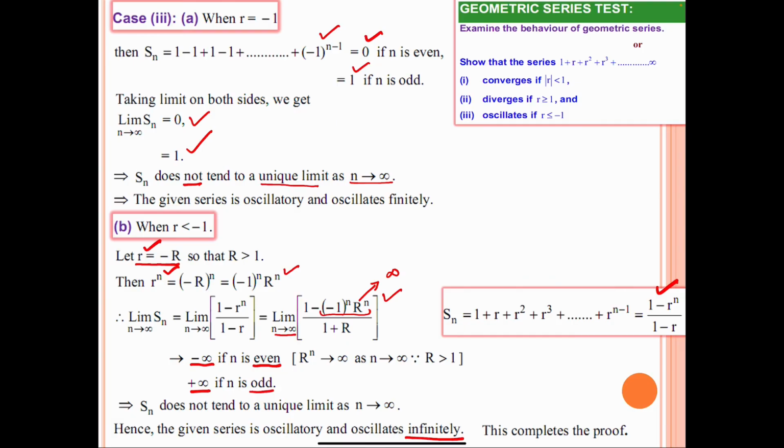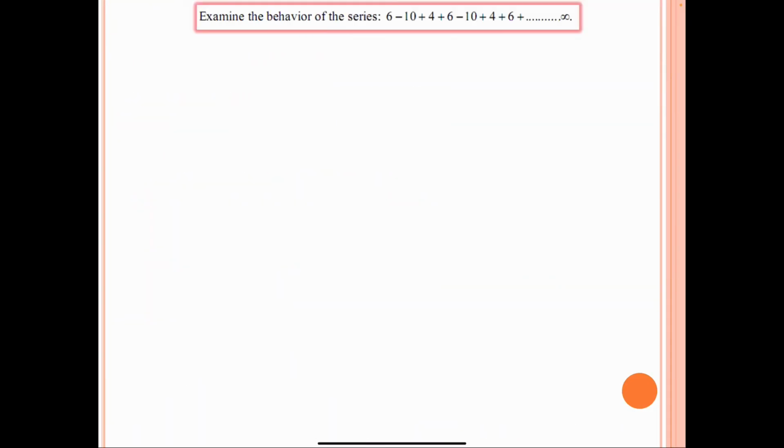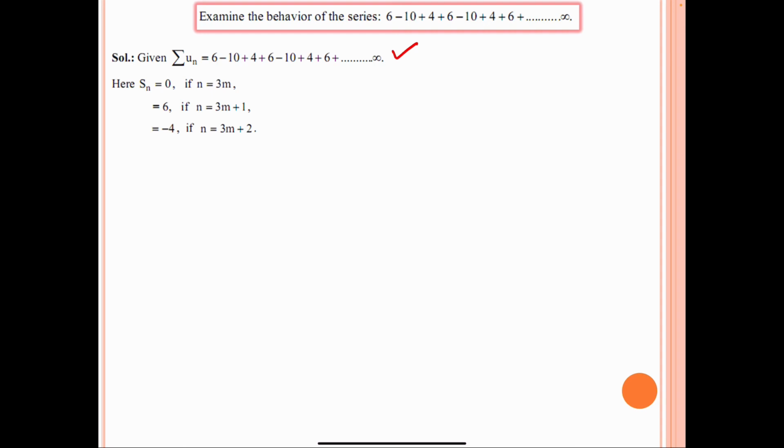Let us discuss a few problems. Examine the behavior of this series. We get an infinite series. Okay. So what is given? Given is summation un is equal to this. अगर आप इसको बारीकी से देखोगे तो जो Sn nth पार्शियल सम है वो आपका जीरो होगा अगर तीन टर्म्स लेके चल रहे हो, 3, 6, 9 इस टाइप की टर्म्स. मीन्स व्हेन n इज इक्वल टू 3m सम इज 0, 6 minus 10 plus 4 sum is 0.